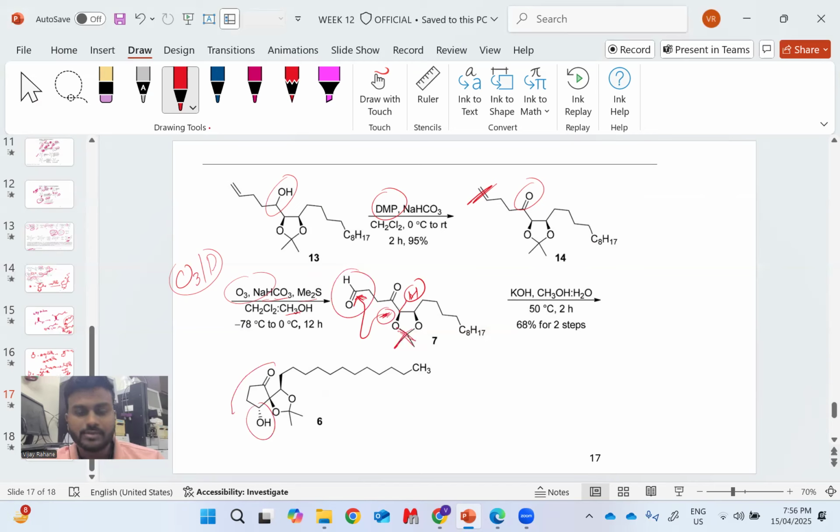That's why the stereochemistry will be unaffected in their case. But once this enolate is formed and it attacks the aldehyde from the top side, the corresponding alcohol will be directed to the bottom, that is, sorry, the alpha orientation of that alcohol will be there. So this is the example of the aldol. It's the intramolecular aldol, and with this one you can get the formation of this compound 6.